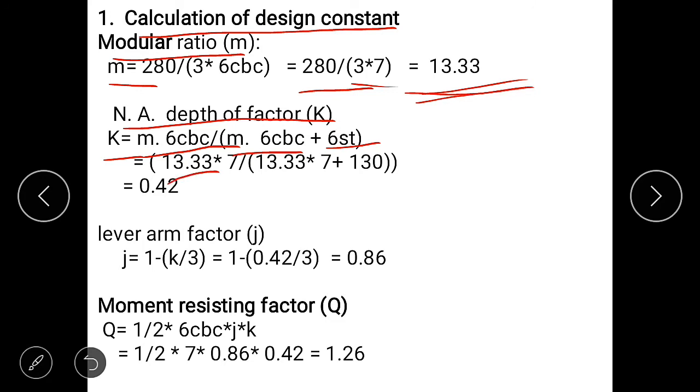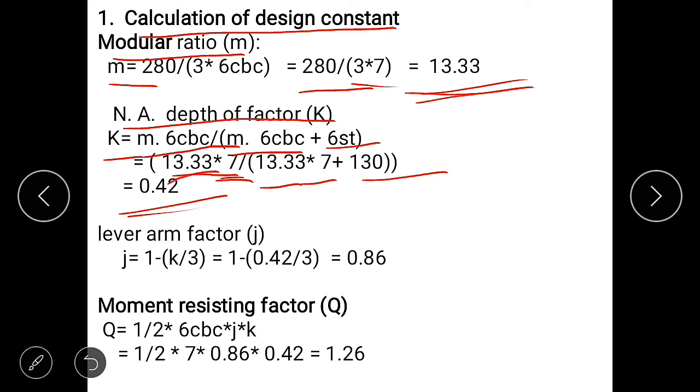So put 13.33 into 7, divided by 13.33 into 7 plus 130, where 130 is the permissible stress in steel in tension zone. So the answer of K is 0.42.